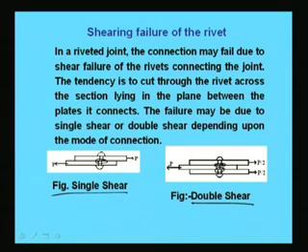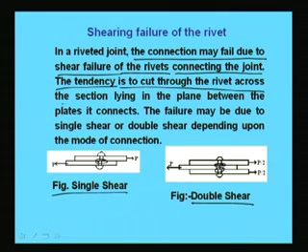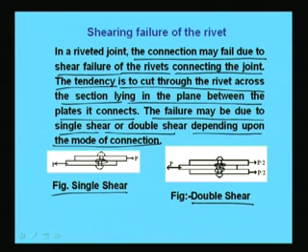So, in a riveted joint the connection may fail due to shear failure of the rivets connecting the joint. So, because of shear failure the joint may fail. The tendency is to cut through the rivet across the section lying in the plane between the plates it connects. The failure may be due to single shear or double shear depending upon the mode of connection.